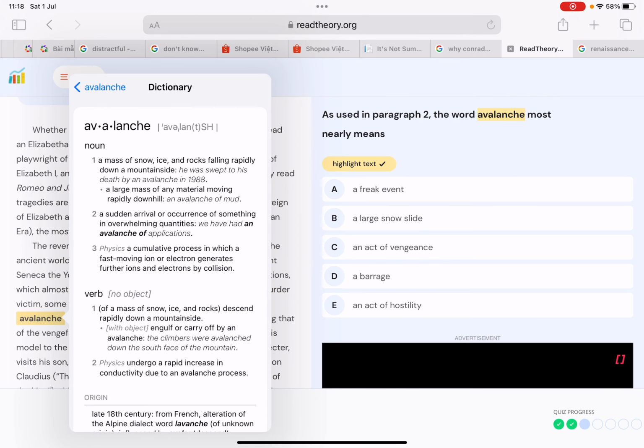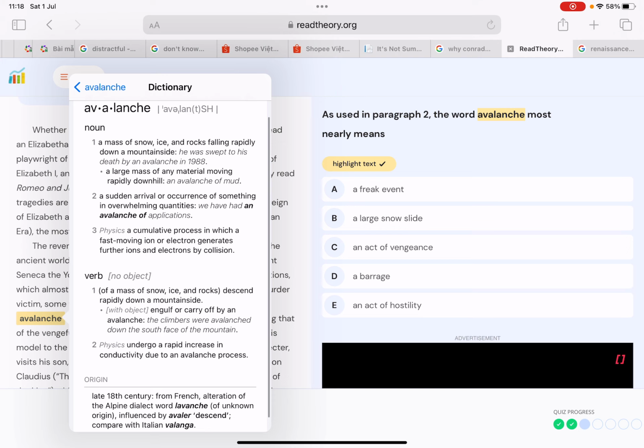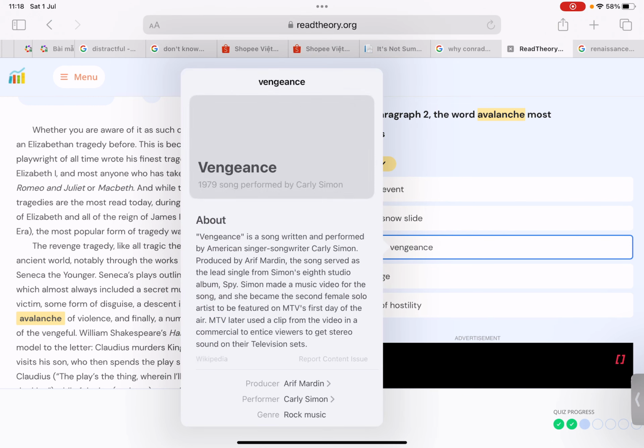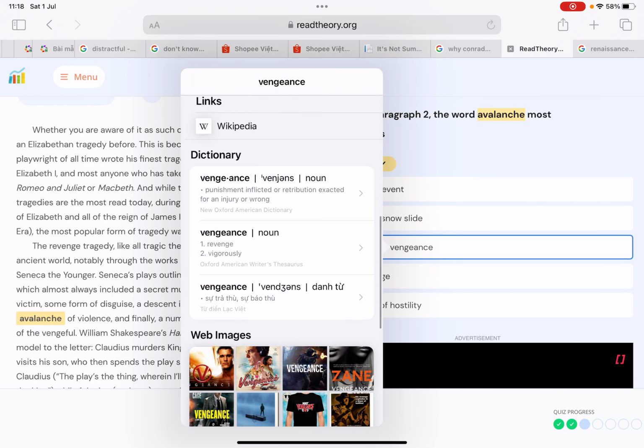But let's see. Here: a sudden arrival or occurrence of something in overwhelming quantities. So let's see what exactly vengeance is. Punishment inflicted or retribution exacted for an injury or wrong.